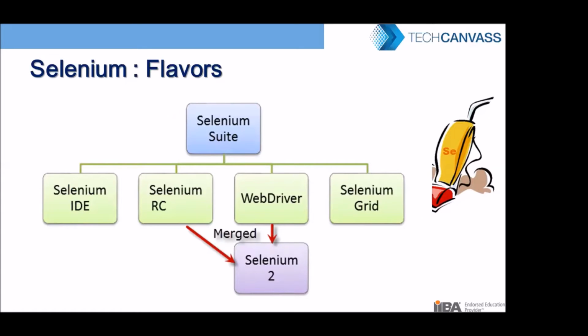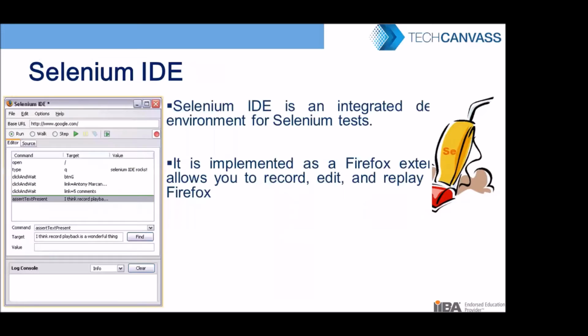We can use Selenium IDE, but it has certain limitations, so we have to develop our own framework using WebDriver. The third part, WebDriver, is the combination of Selenium RC and WebDriver, that is Selenium 2.0. And the last is Selenium Grid, which we can discuss in a later slide.